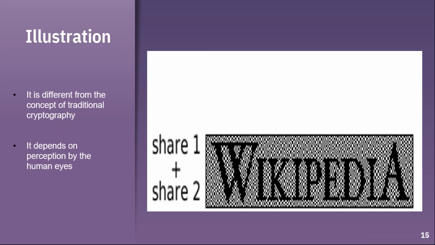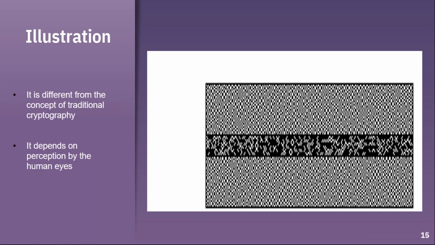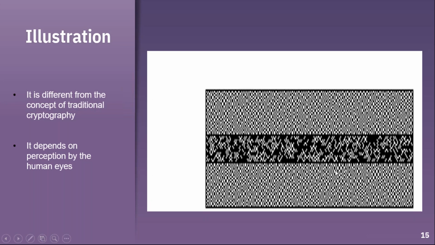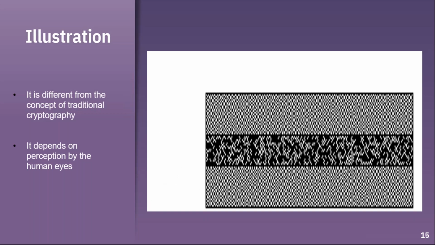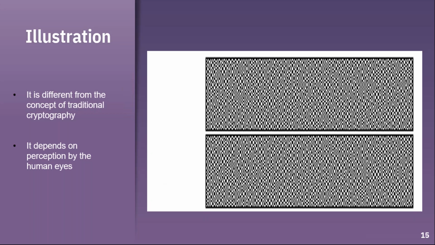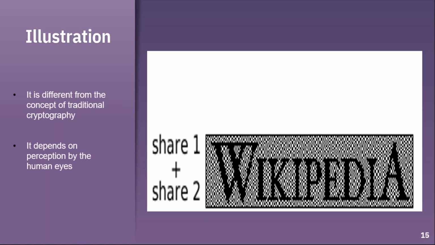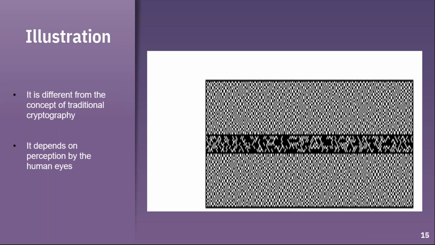We divide the image into some random looking shares, like what you can see, share 1 and share 2. At the time of decryption, you do not have to perform any decryption technique, but you just have to overlap those two shares and the image is retrieved back.